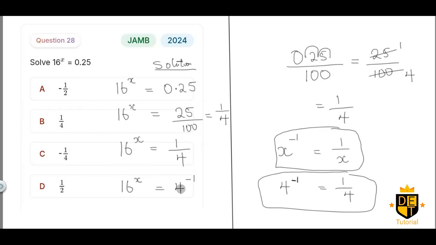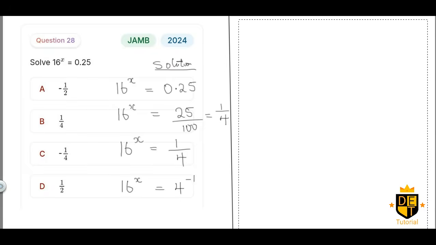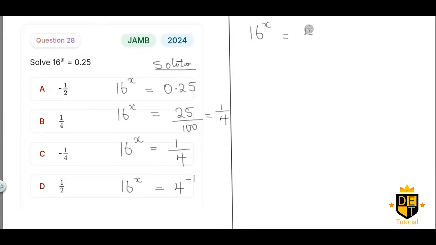The next thing I'm going to do now is to express this 16 in index form. So I have 16 raised to the power of x is equal to 4 raised to the power of minus 1.